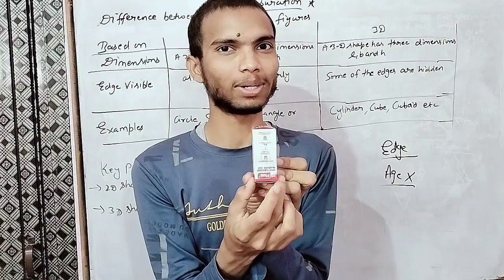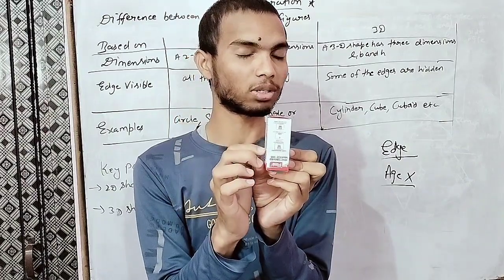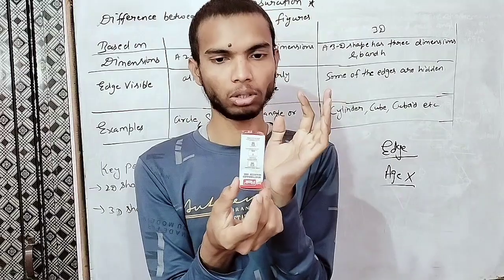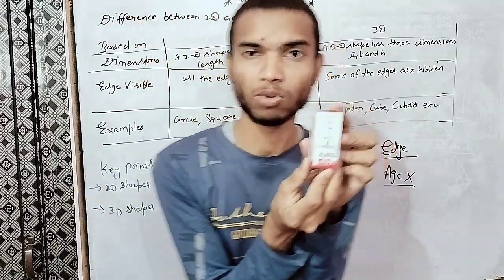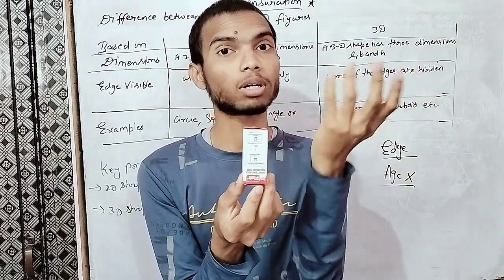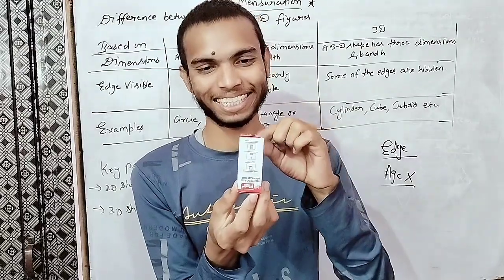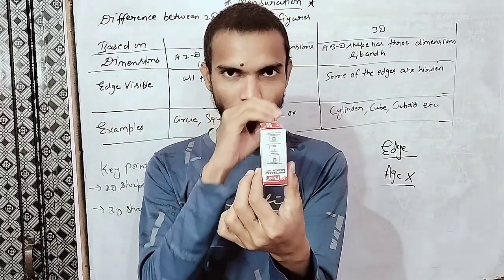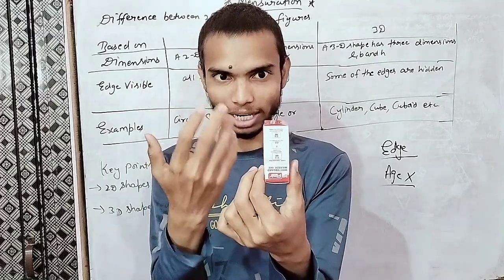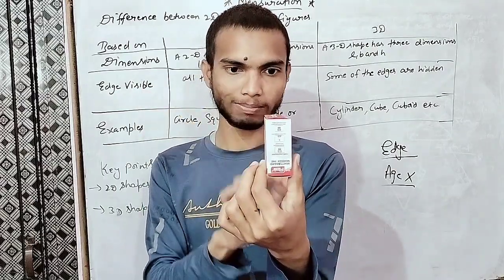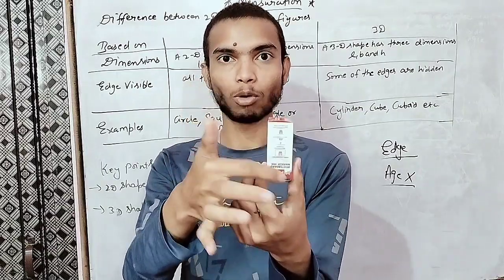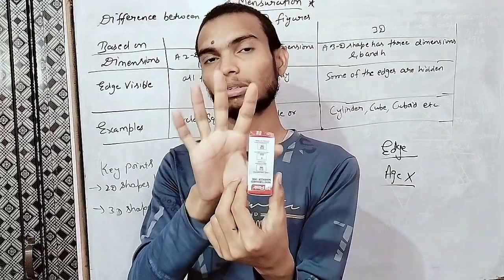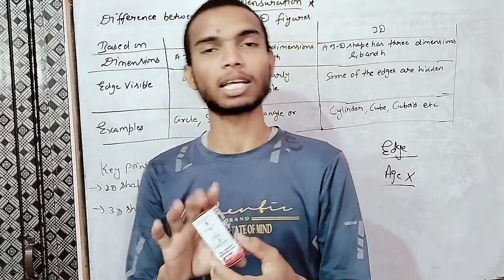Only 4 visible edges of this 3D shape. Now what about the other edges? A lot of edges of this object you can't see. I am able to see some, but these edges I am not able to see. So this happens in the figure of a 3D shape.